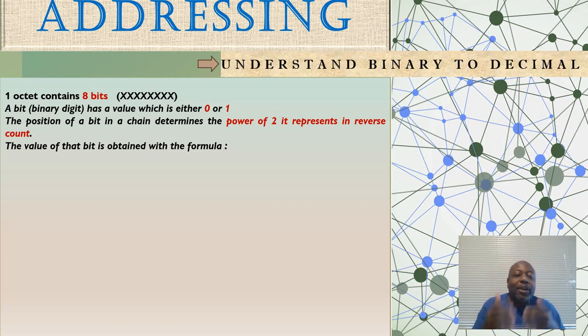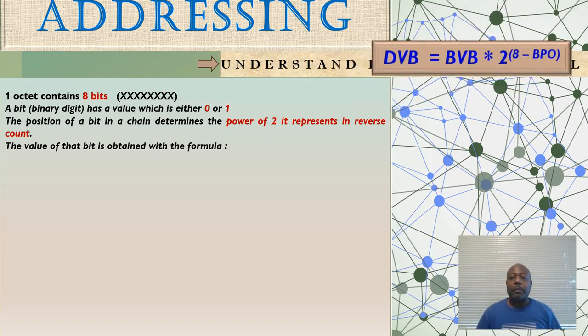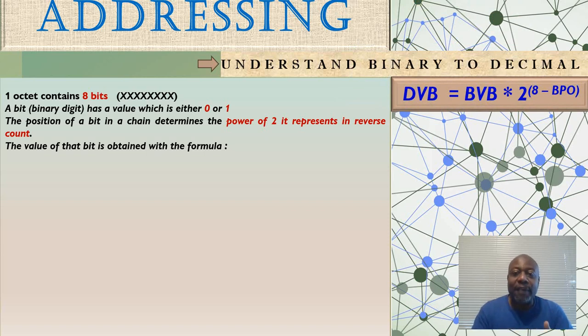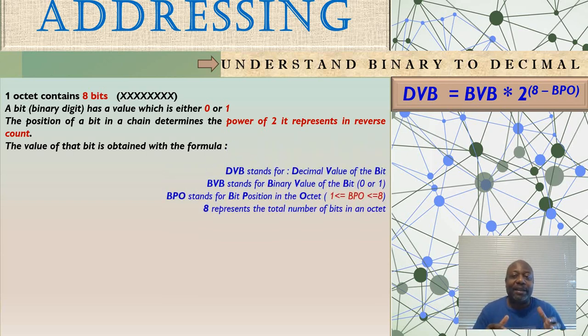And the value of that bit will be obtained by this formula. The decimal value of a bit equals the binary value of that bit times 2 to the power of 8, 8 being the size of an octet, minus the bit position in the octet, right? It's very straightforward.